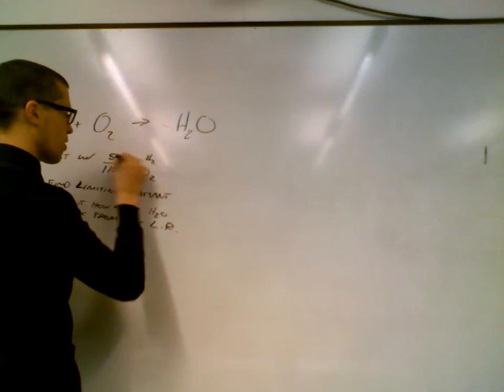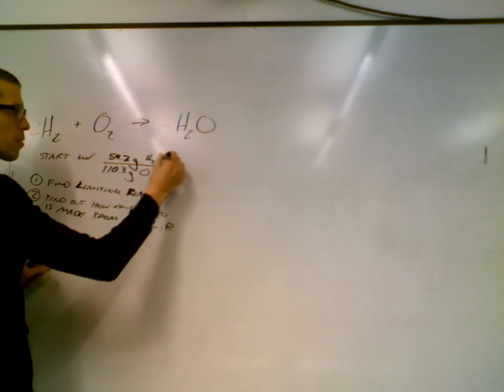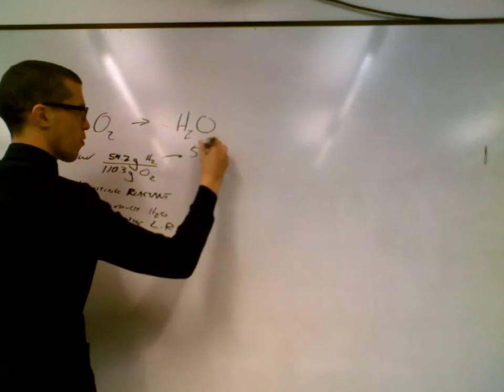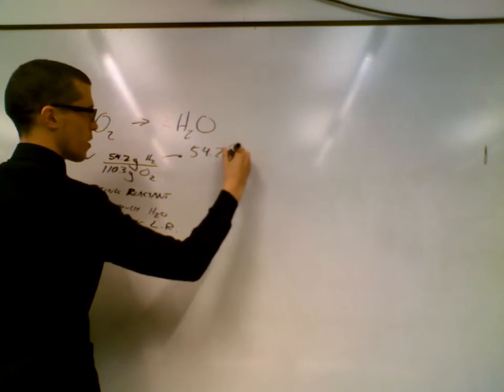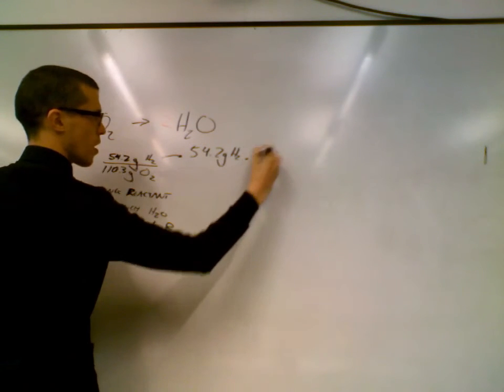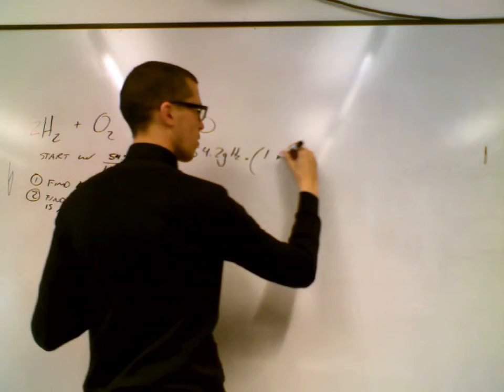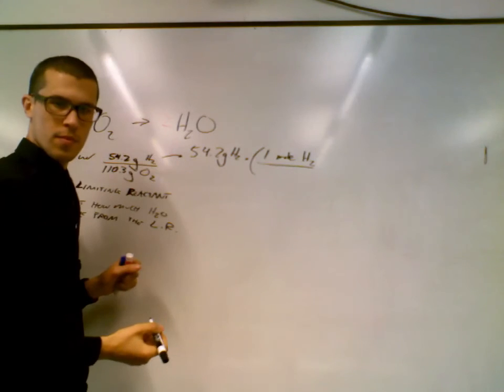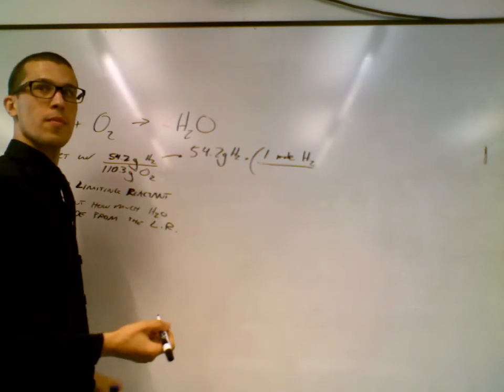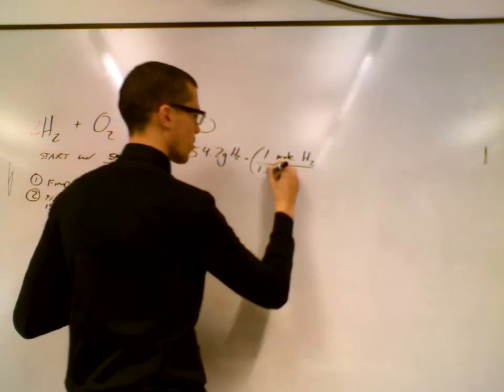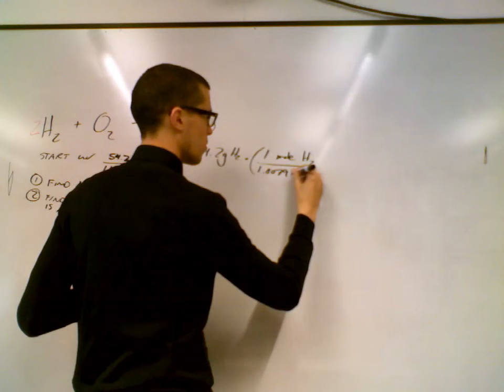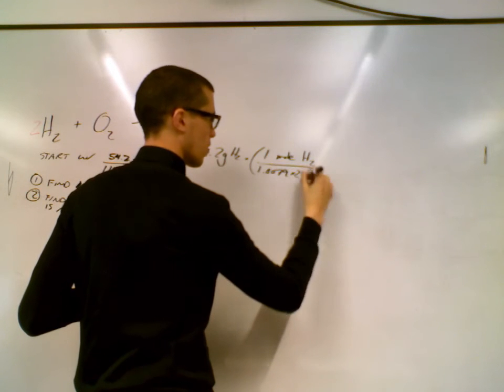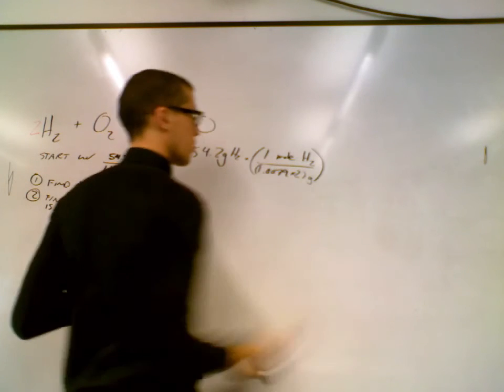So 54.2 grams of H2, and you say 1 mole of the H2? Yeah. Good. And then what goes on the bottom? 1.0079 times 2. Good, which is 2.0158.